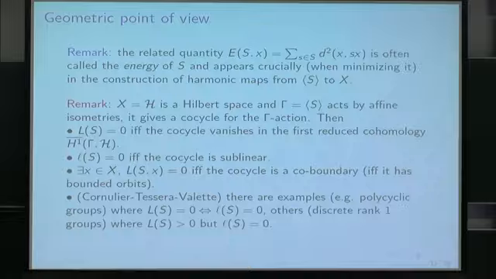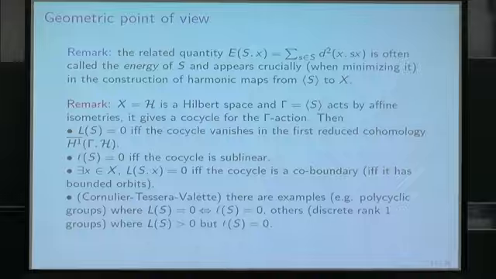Another place where this quantity shows up is the study of affine isometric actions on Hilbert spaces. So if X is a Hilbert space, you have a group acting on the Hilbert space by isometries. Then you have a cocycle, and you have this notion of reduced cohomology, first cohomology.